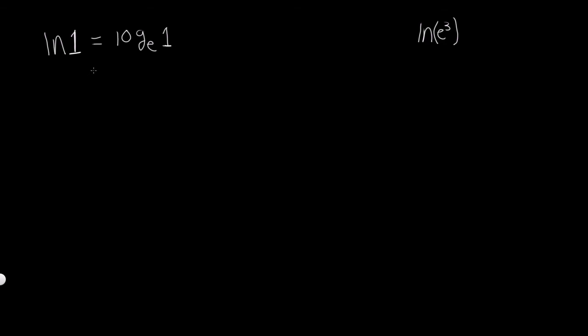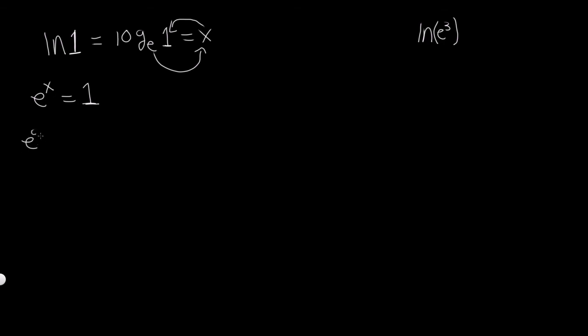We're going to solve this the same way as we do with anything else. So log base e of 1 is equal to x, and we're going to rewrite this in exponential form. So e to the x is equal to 1. We already did a problem similar to this in this video, and if you remember, anything raised to the power of 0 is equal to 1.